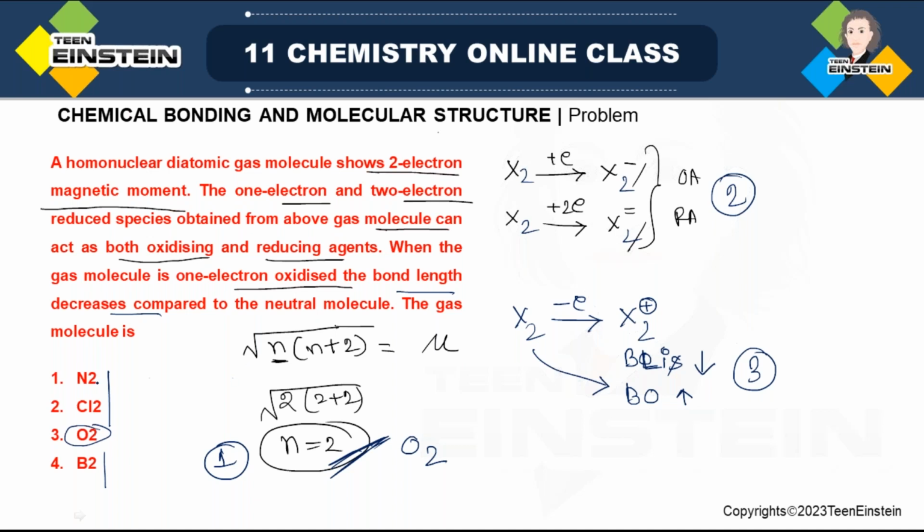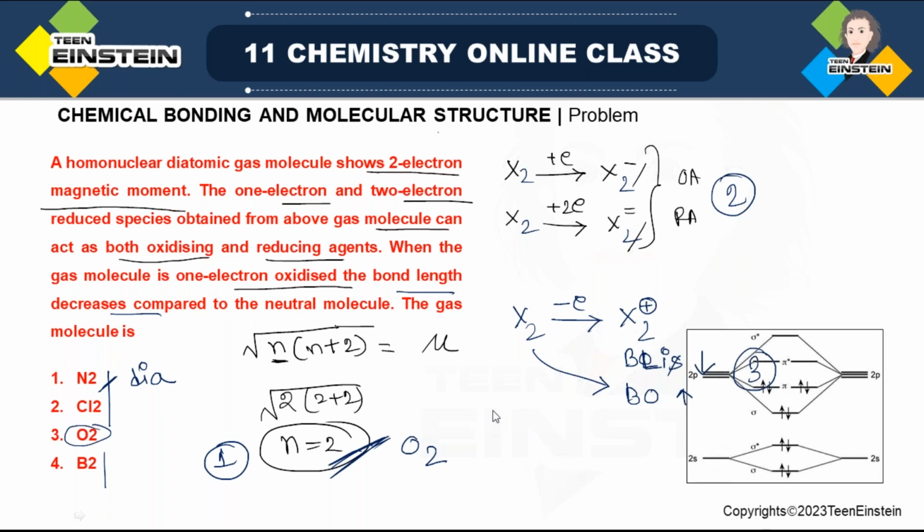Okay, so for N2 we know there is no unpaired electron, it is a diamagnetic species. And what about B2? B2 is basically 2s2 2p1, so 2p1 on both sides, and we will have 2 electrons. If it is sigma, the 2 electrons will be together. If it is pi, then the 2 electrons will not be together.